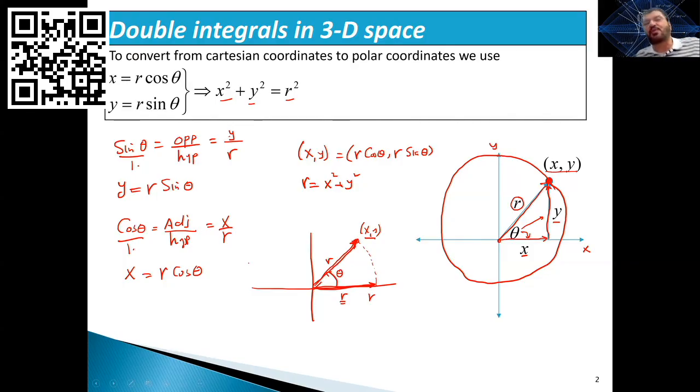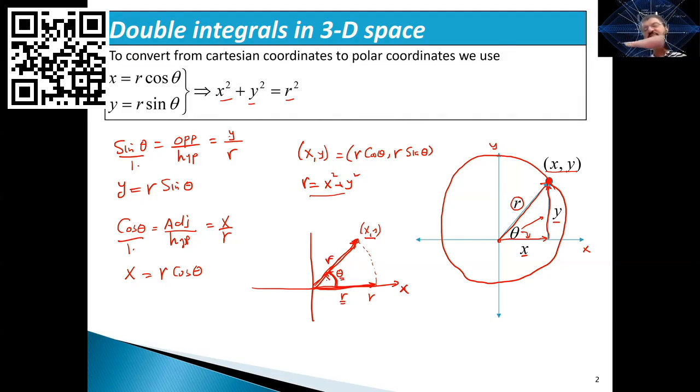So how can I reach the point x and y? Very simple. Measure the distance between x and y and the origin, which is r, where r squared equals x squared plus y squared. Find it. And then find the angle between the x-axis and that r. We know this is theta.